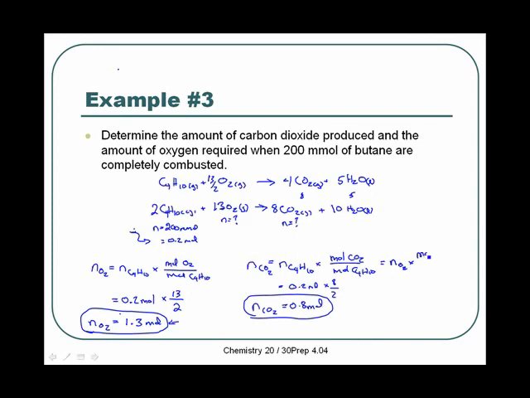We'd be using our moles of CO2 over our moles of oxygen. And so nO2 we said was 1.3 moles. And this time we're going to multiply it by 8 over 13, because that's the mole ratio between carbon dioxide and oxygen in our balanced chemical equation. It's an 8 to 13 ratio. When we take our 1.3 times 8, divided by 13, we get 0.8 moles.